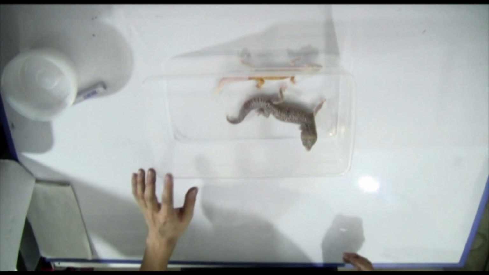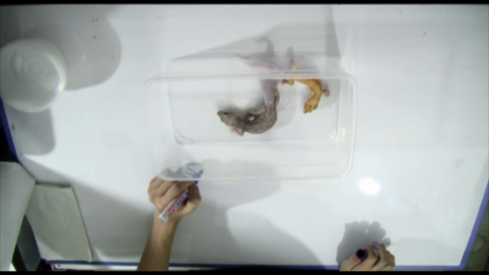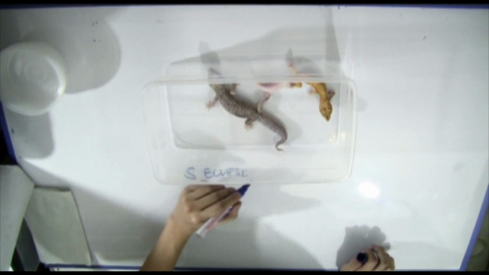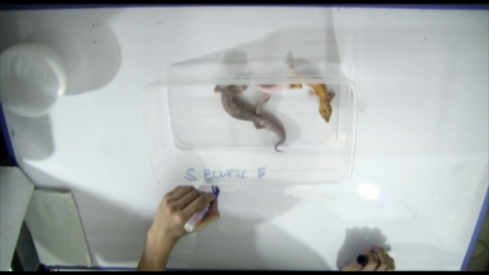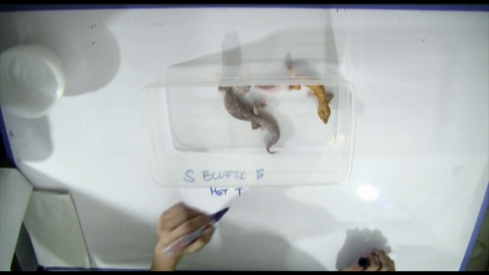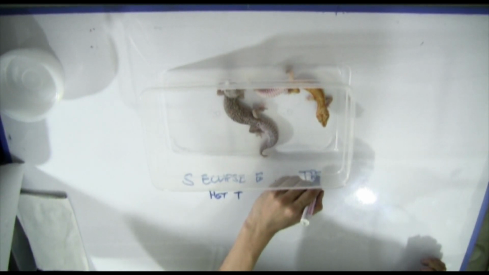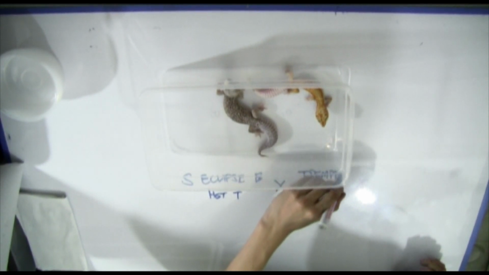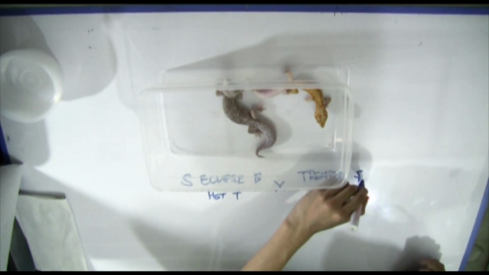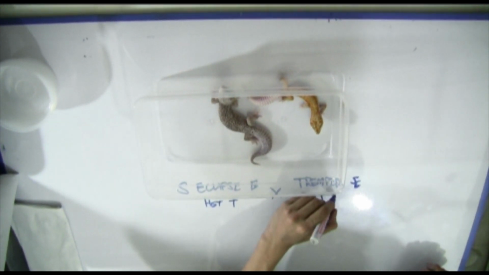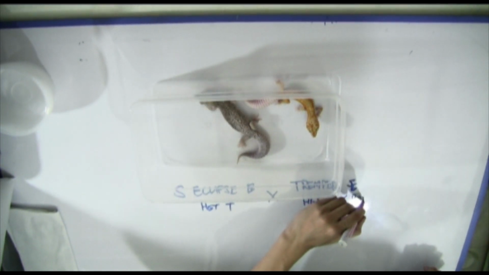So what we have here genetically is snow, eclipse, enigma, het tramper, paired to a tramper, enigma, het for eclipse or het raptor.